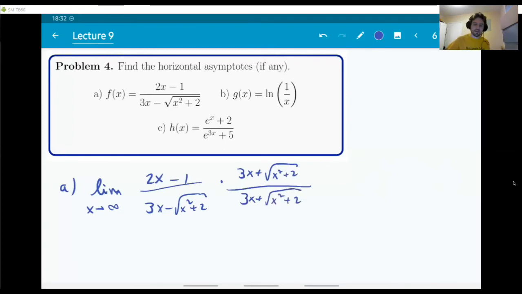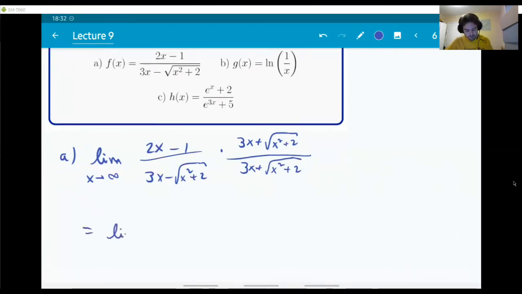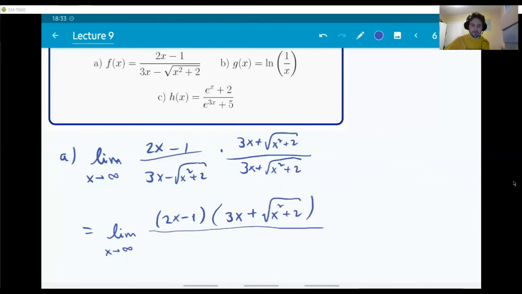Like this, multiplying and dividing by this term with the plus. Now, you probably don't want to, at this level, distribute out the numerators here. You can leave them indicated like this. 2x minus 1 times 3x plus the square root. You should at least do the denominator first to see what's going to be the simplification.